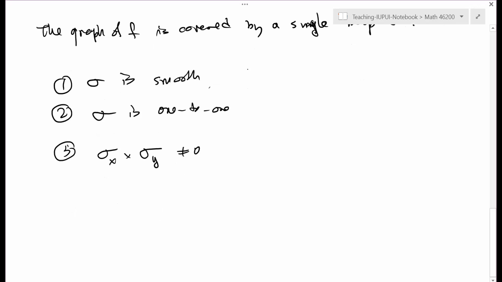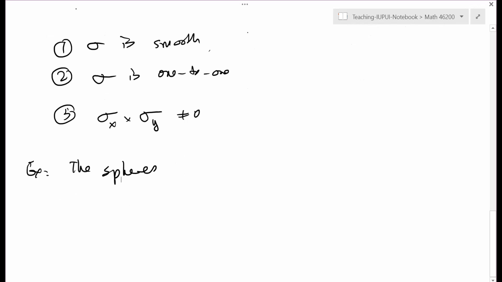Now let's take a look at the example of the sphere. Surfaces can be the sphere, like x squared plus y squared plus z squared equals 1.